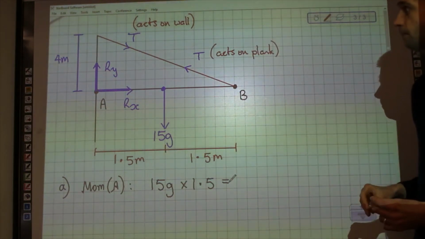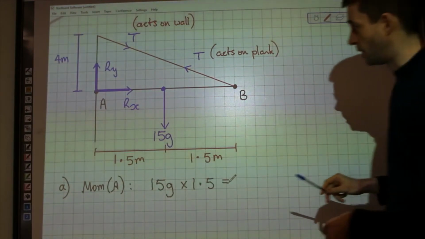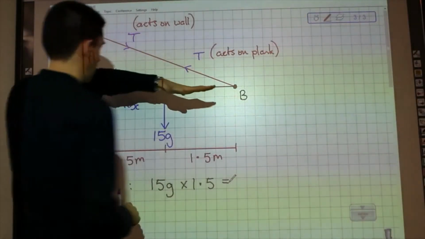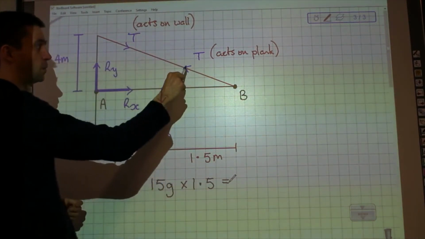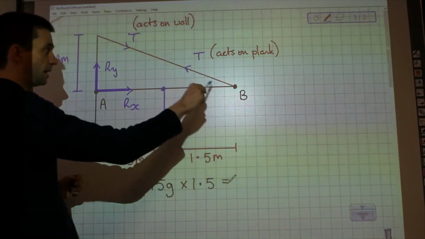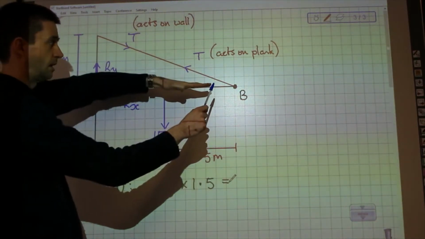And I'm looking now for my anti-clockwise moment. If I go to A again, what's causing it to want to rotate anti-clockwise? It's this tension force here, which is not acting perpendicular to that line there.